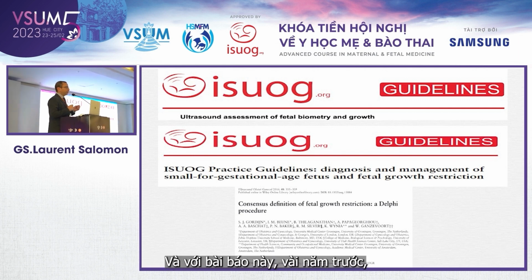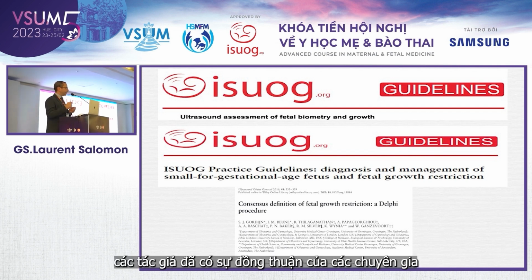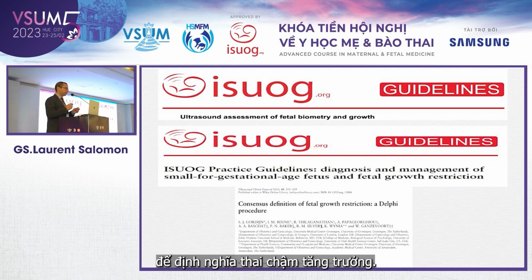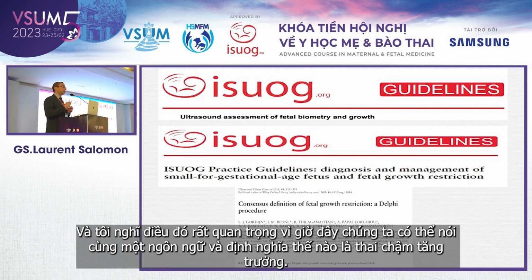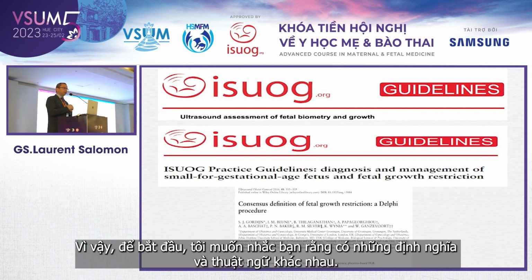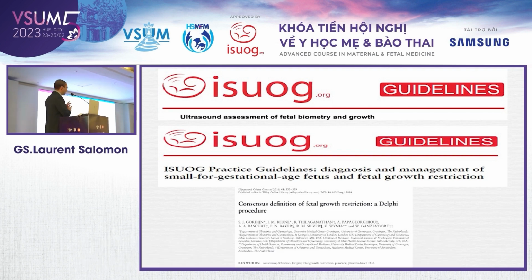With this paper, a few years ago, the authors managed to get a consensus among several experts to define what is a growth-restricted fetus. And I think it's very important because we can now all speak the same language and define what is a growth-restricted baby.